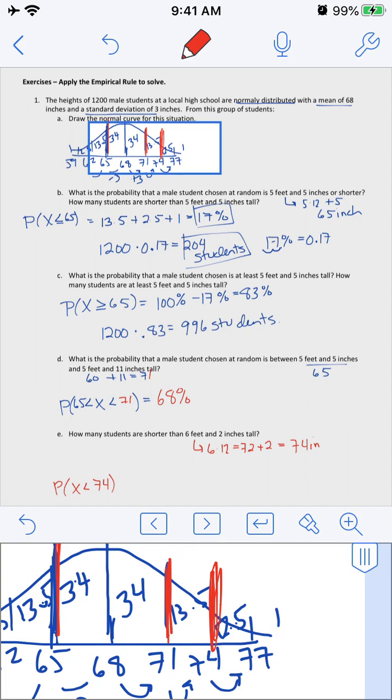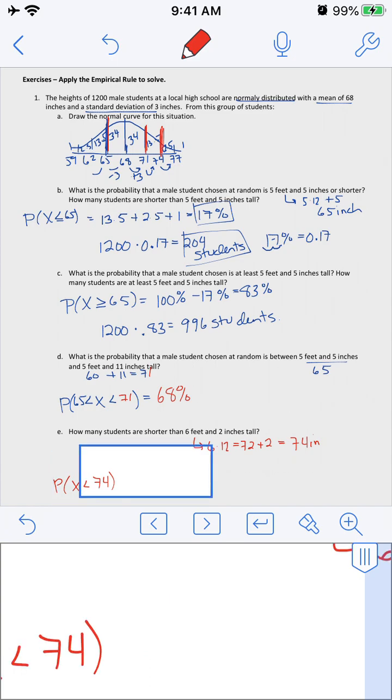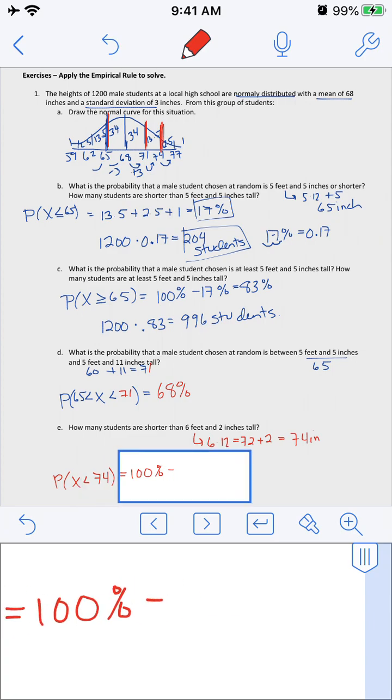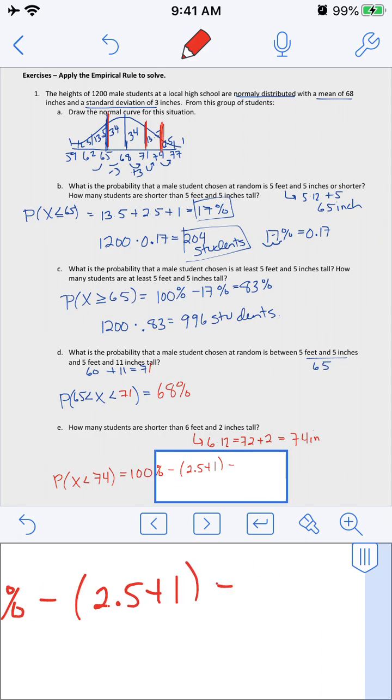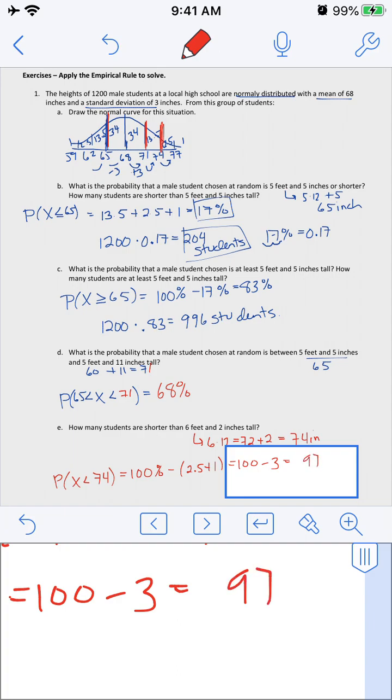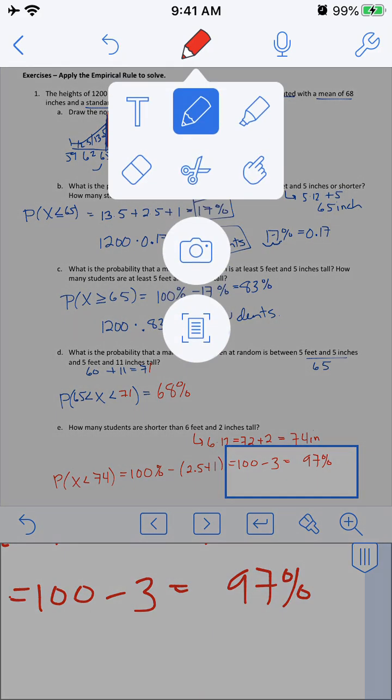So one of two ways to do this problem. We could do it the way we did B, where we add them all up. Or we could do the way we did C, where we take the other side, since that's going to be the other people who are not. Maybe we can add up that side, because it might be faster, and then subtract it from 100. I think I'm going to go that route. So we take 100 of everybody away from the, I think it's 2.5 plus 1. Take away the 3% who's not, it looks like 97%. 97% of people, okay, I won't round it that way.